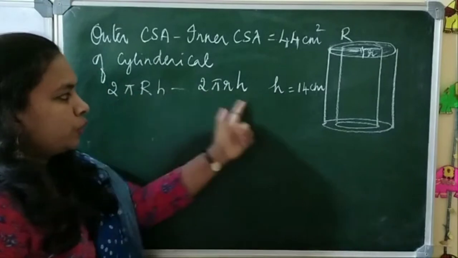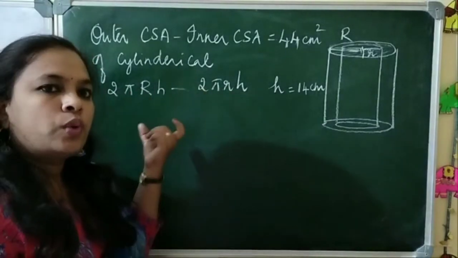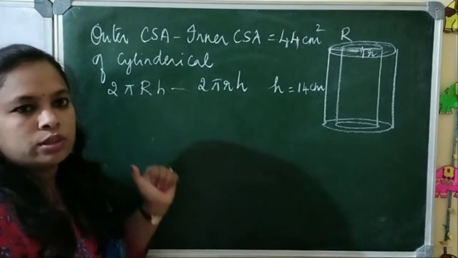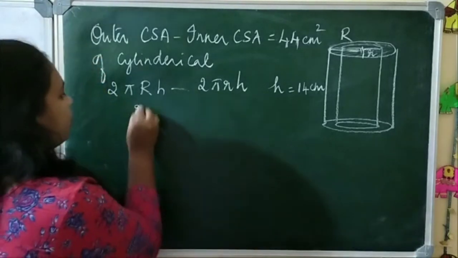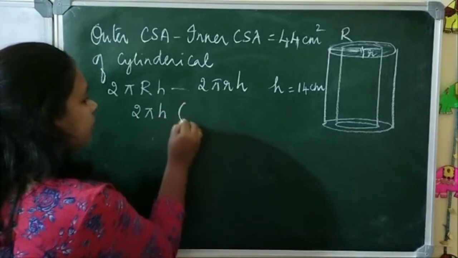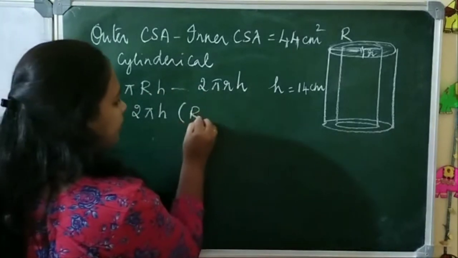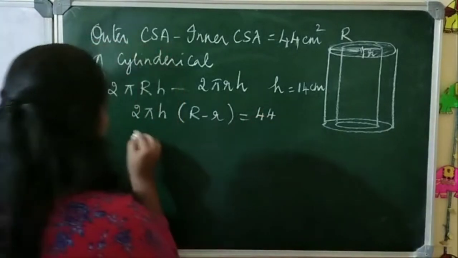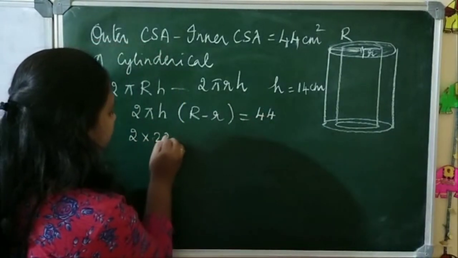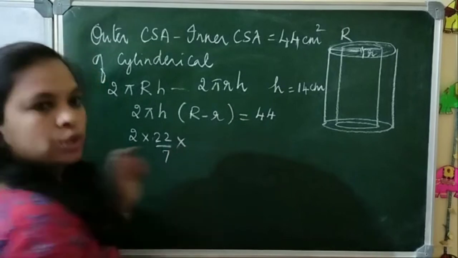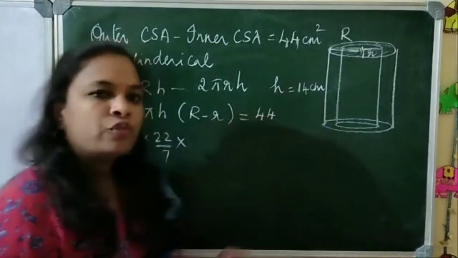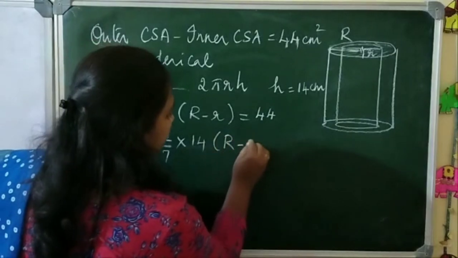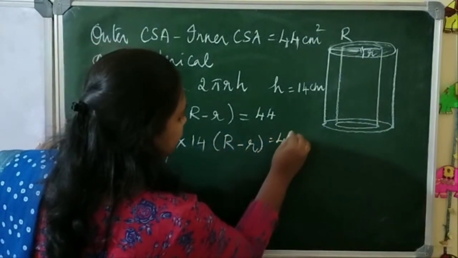So when you write this, you can take out whatever is common. So now you know 2 and pi and h, all the three are common here. So you remove this as a common factor and write the rest inside the bracket is equal to 44. So now this is 2 into 22 divided by 7 into height, which is equal to 14 centimeter, that will be capital R minus small r is equal to 44.